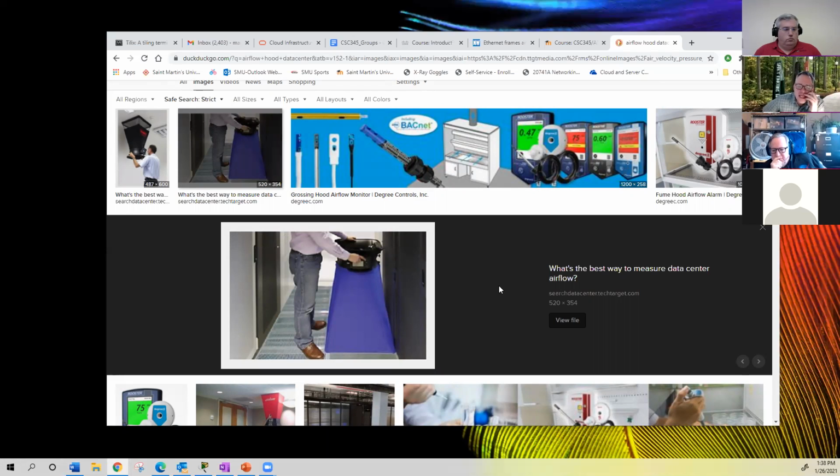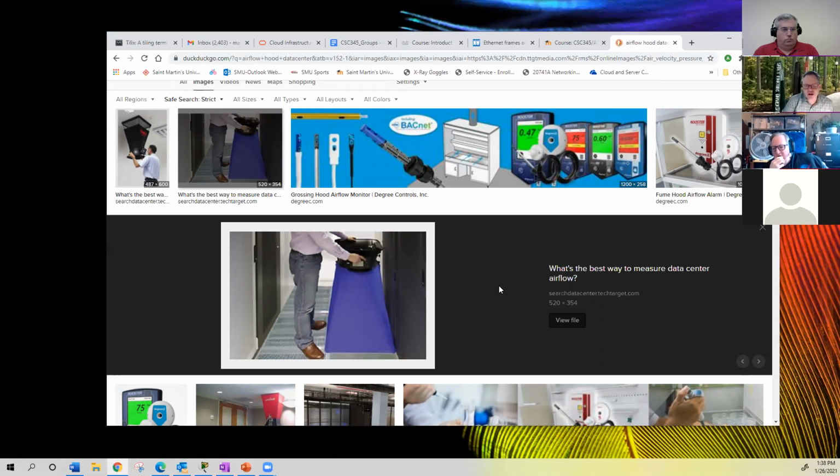And you need 300 CFM. Is that it? 300 CFM for every 1 kilowatt of power that's being consumed by your equipment. So there's a relationship. The more power that's being consumed, the more heat is being generated. And so you have to have enough CFM airflow to flow up in front of that cabinet and into those servers.